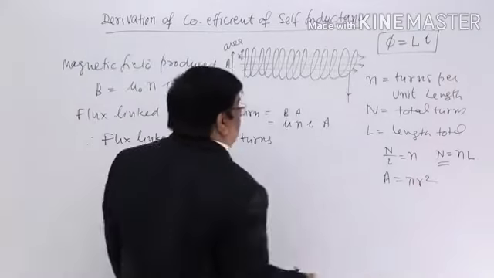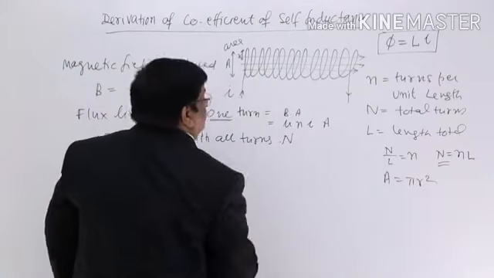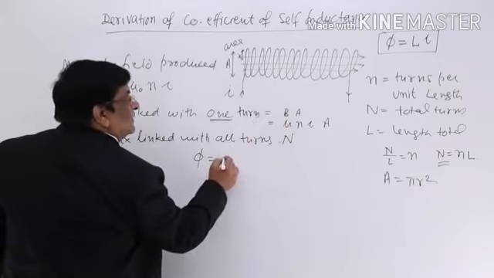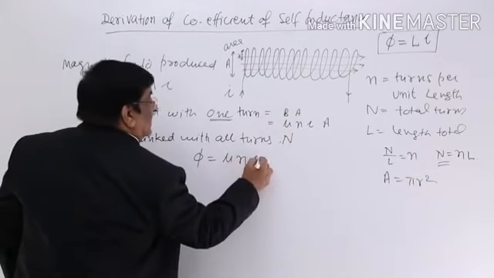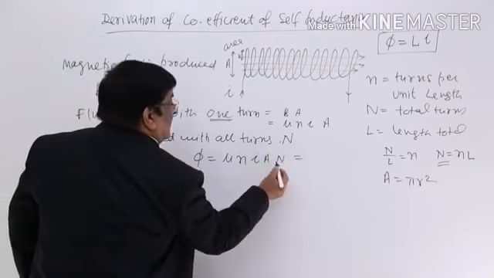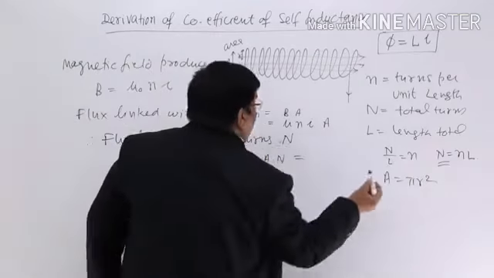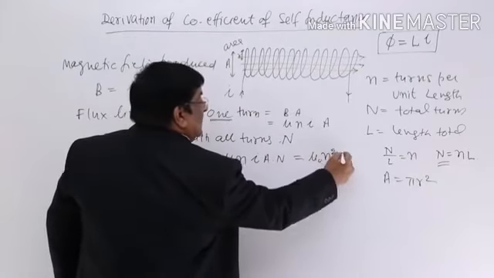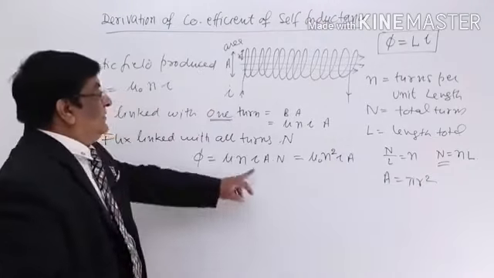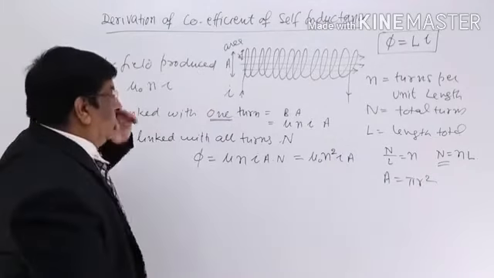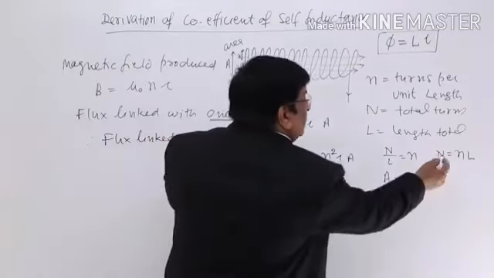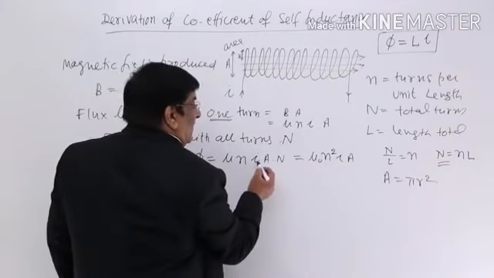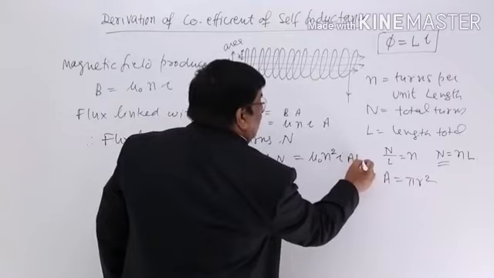Capital N. The flux linked will be, multiply this with N. So this is mu naught n I A multiplied by N, and if I convert this N into small n, then this will become mu naught n square I A. This N is equal to small n into L, so one small n multiplied with this n square I A, and there will be one L length.